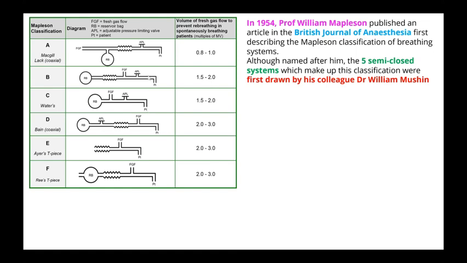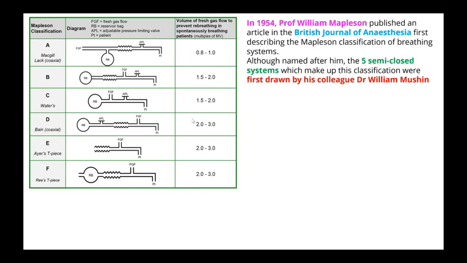So both these B and C have almost become obsolete. And the D circuit, even though for description's sake you have different positions of fresh gas flow, APL valve and rebreathing valve, it is the Bain circuit, which is a modification of Mapleson D, that is very, very commonly used.